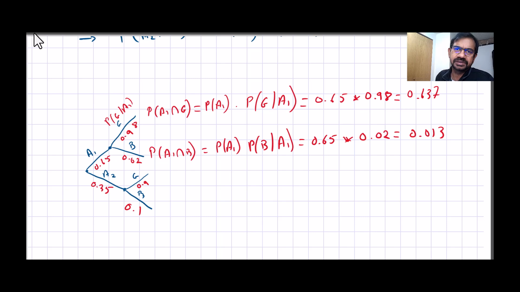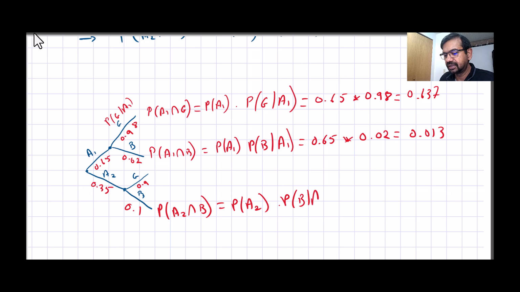What we are trying to calculate is, given parts being bad, what is likely to have come from firm 1. So the other way the part could be bad is that the part could have come from firm 2, which is P(A2) times P(B given A2), which is 0.35 times 0.1, which is 0.035.